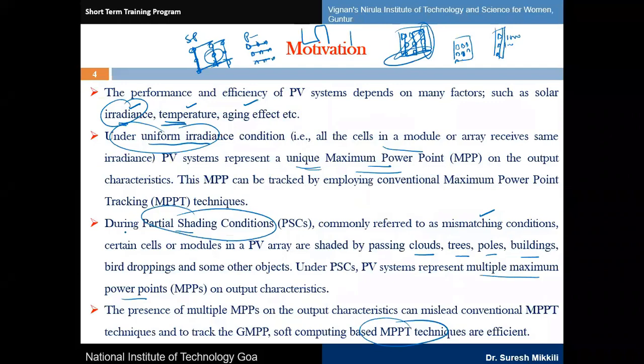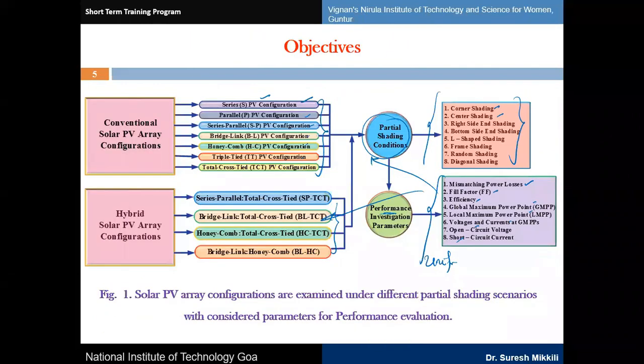There is also right-hand shading and left-side shading. So different shading conditions can be considered, and during all these conditions we can test how each configuration works. The best configuration can then be considered for implementation in rooftop PVs, solar parks, or grid-connected PV systems.